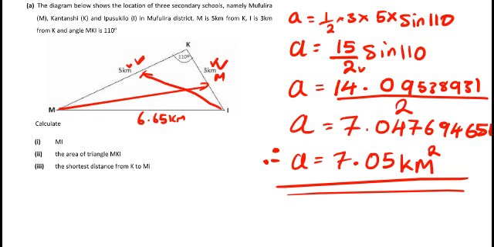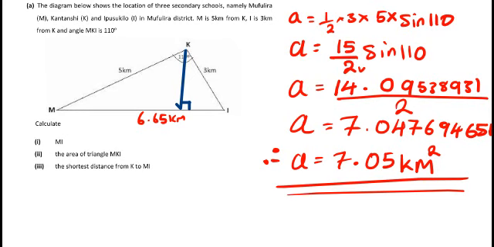For the last part, in finding the shortest distance, it is very easy. We are finding the shortest distance from K to ML, which simply means that we are moving like this. As you can see, we are making a 90 there, which simply means that we are going to use this formula.